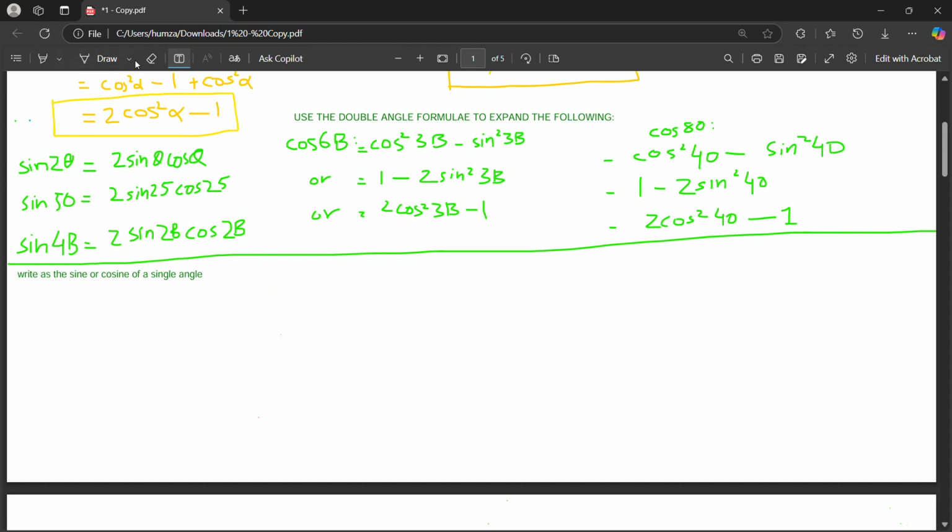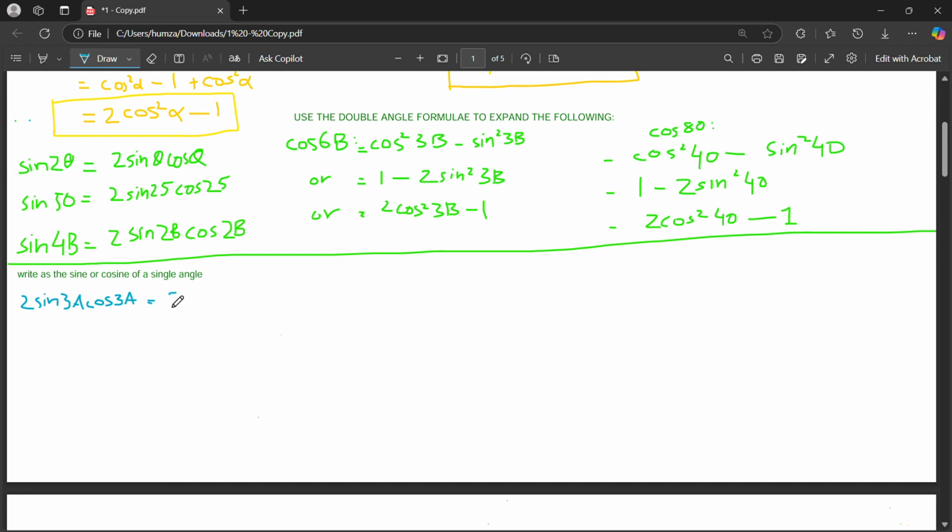Okay, the first example, let's use the first example. For example, if I give you 2 sin 3a cos 3a, this is the same as sin 2 times 3a.